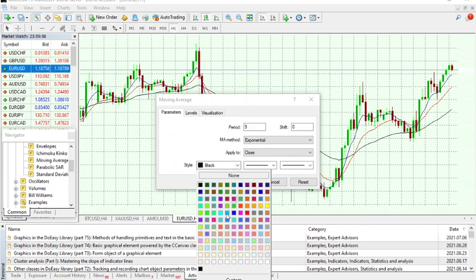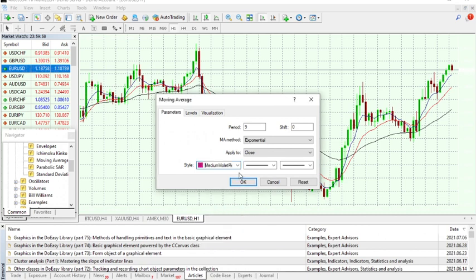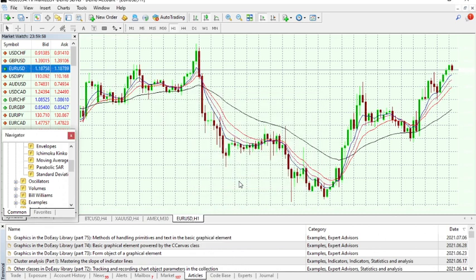Which color are we to use now? Let's use this pink. Okay, now I know most of you must have seen this kind of setup in some charts.